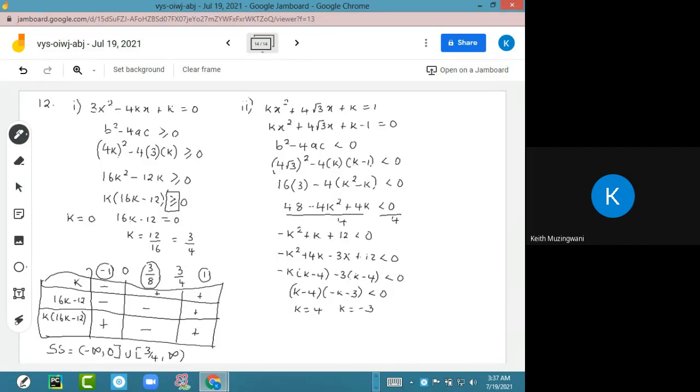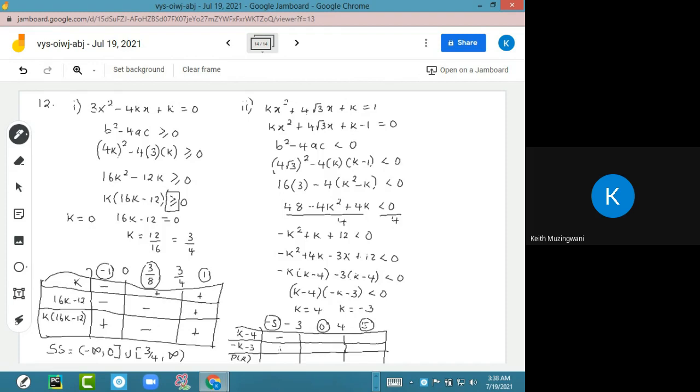Testing, we have negative 3, we have 4, 5 bigger, 0 in between, negative 5 smaller, and then k minus 4, and then negative k minus 3, and then the product. We test. So I'm looking for the signs. When k is negative 5, this will be negative.